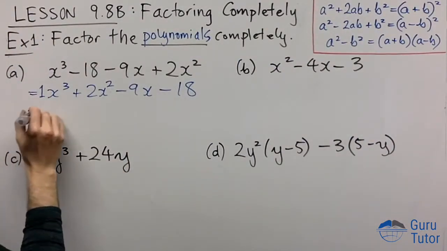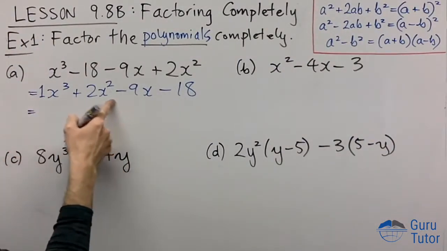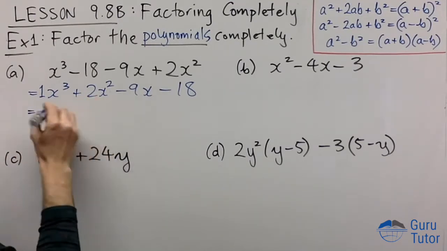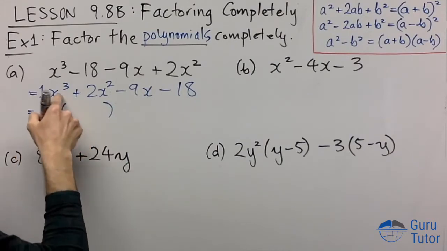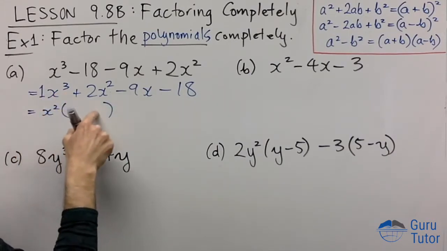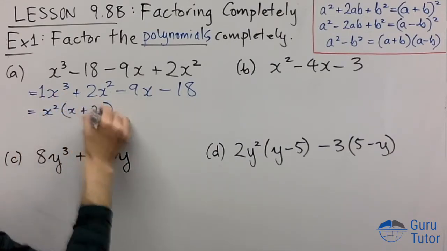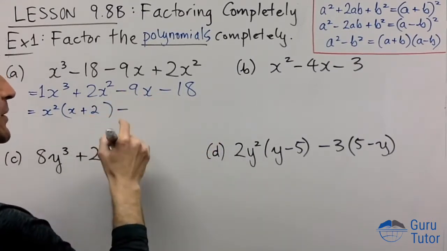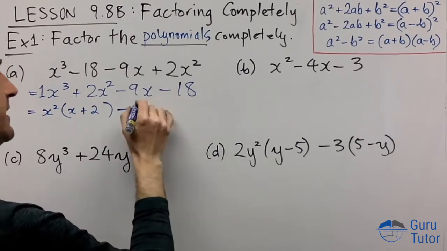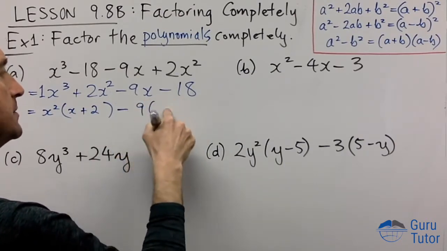Factoring this, let's factor by grouping. We factor the first two things first. What's common here? I can take out an x squared. And then what goes inside? x squared times what gives this? X. X squared times what gives this? 2. And what about these two? What can I take out? Well, they're both negative. I can take a negative. I can take a 3. Or I can take a 9. 9 times what gives that?